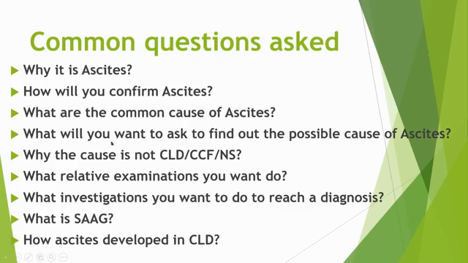Then what will you ask to find out the possible cause of ascites? There are so many causes of ascites, but the common causes are CLD with portal hypertension, congestive cardiac failure, nephrotic syndrome. These are more common, and we can differentiate them by the clinical presentation of the case.